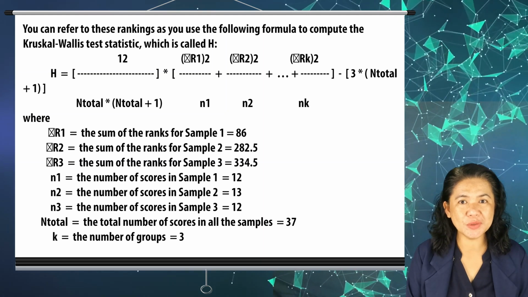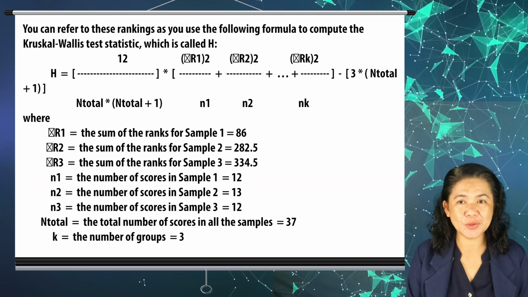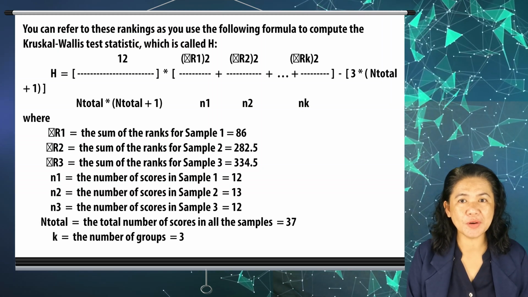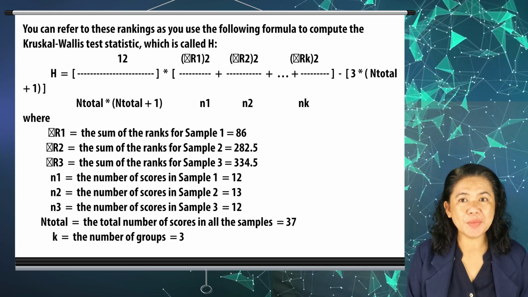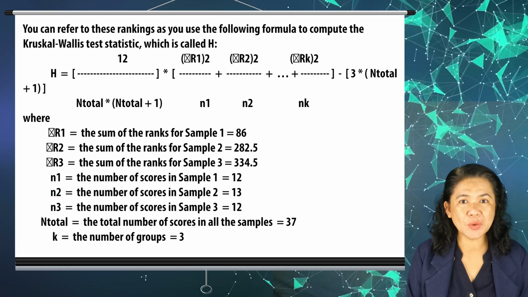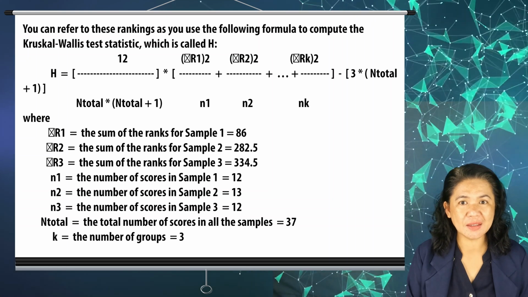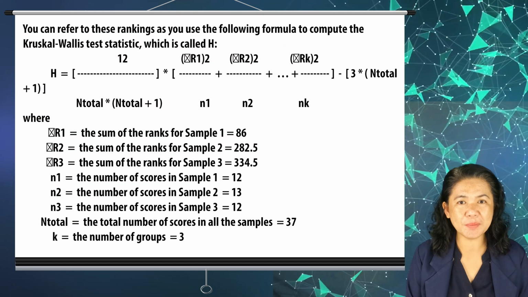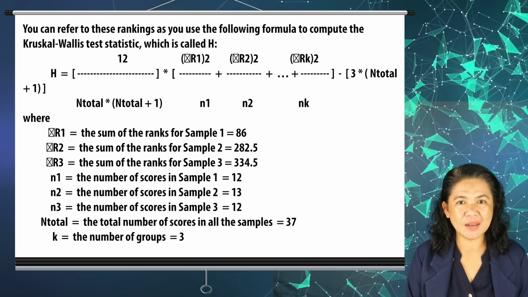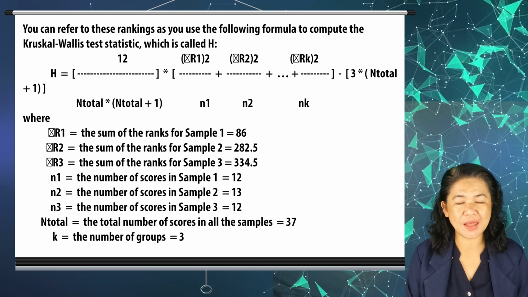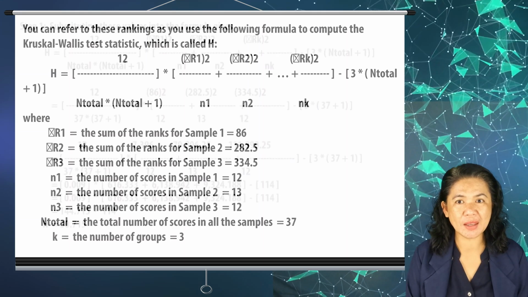N sub 2, the number of scores in sample 2, is 13. And N sub 3, the number of scores in sample 3, is 12. The total, or N, the total number of scores in all the samples, is 37, while K is the number of groups, and that is 3.